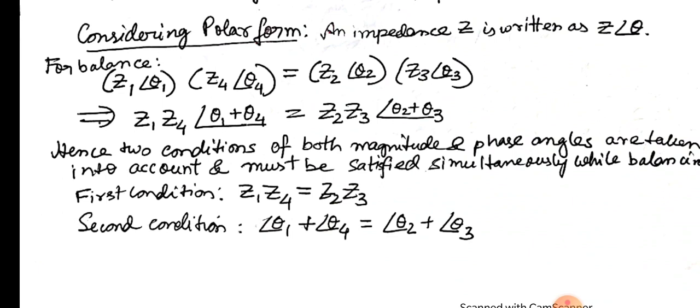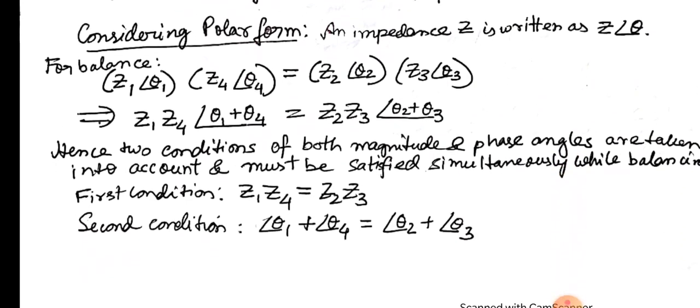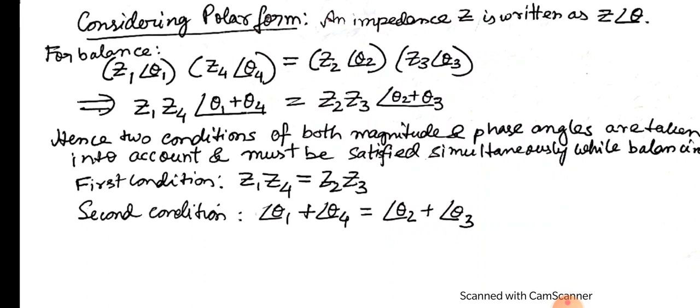So for balance, we can write this exact equation Z1 Z4 equals Z2 Z3 in polar form as Z1 angle theta 1 multiplied by Z4 angle theta 4 equals Z2 angle theta 2 multiplied by Z3 angle theta 3.